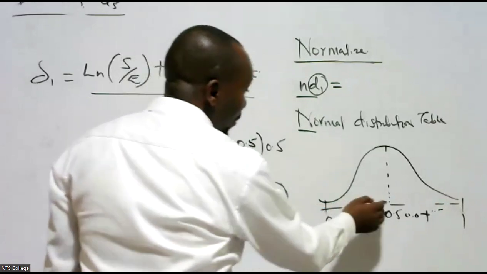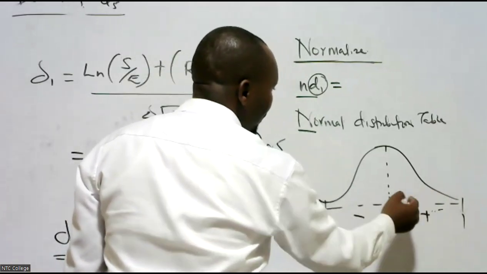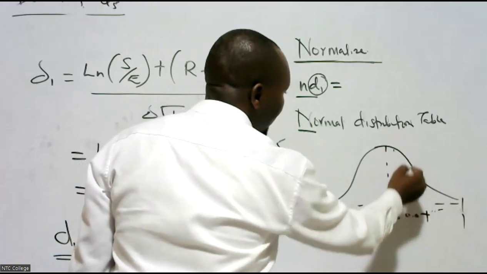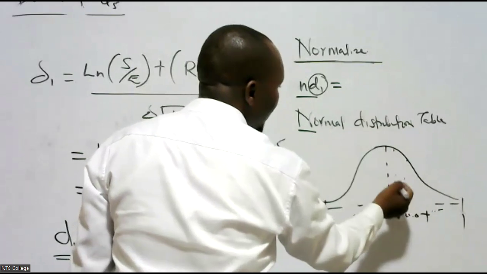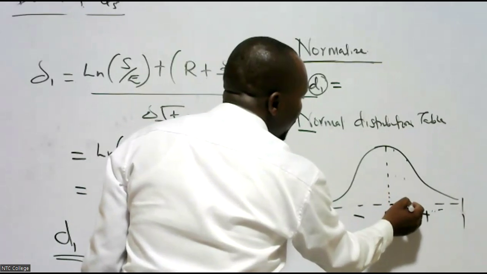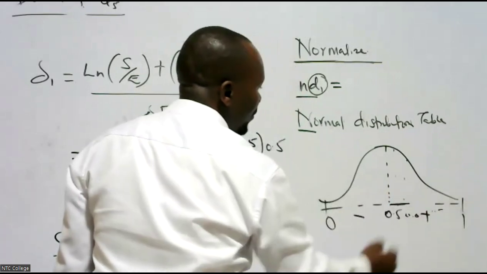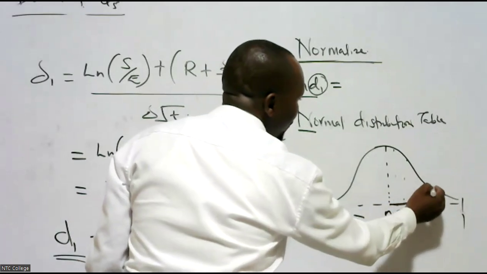So when you are moving from this side, going forward, you start adding. If it is positive 0.4, from the time we were here, you move positive 0.4 ahead, ukianza hapa mpaka positive 0.4 umefika mahali hapa.